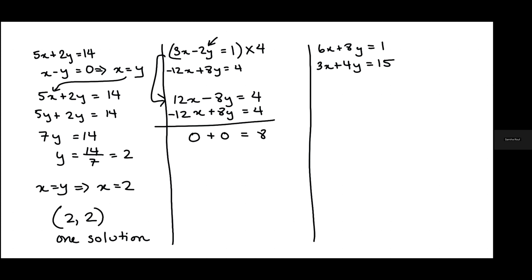So we end up with 0 equal to 8. Well, that's a contradiction, which just means that we have no solution.